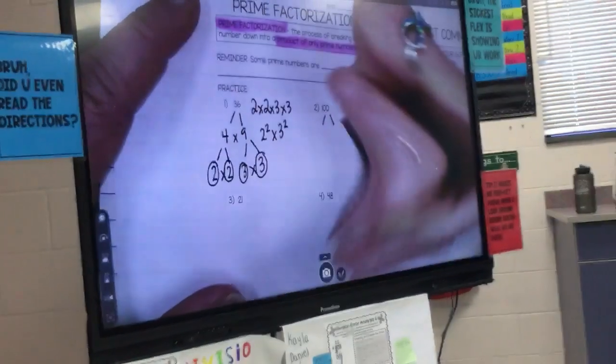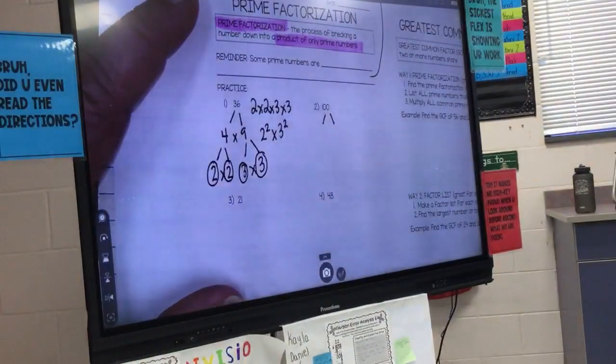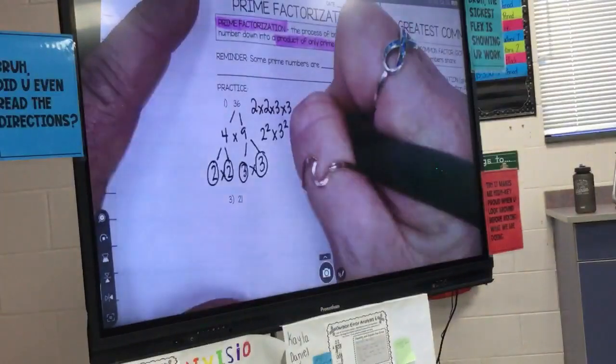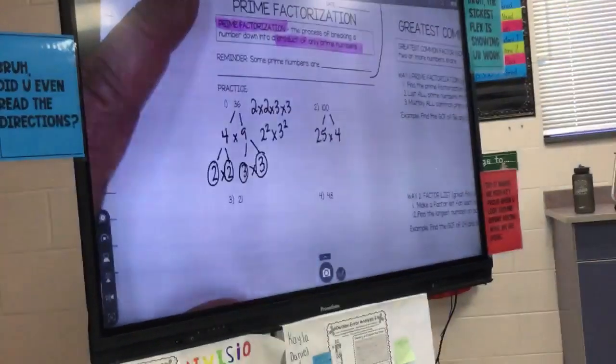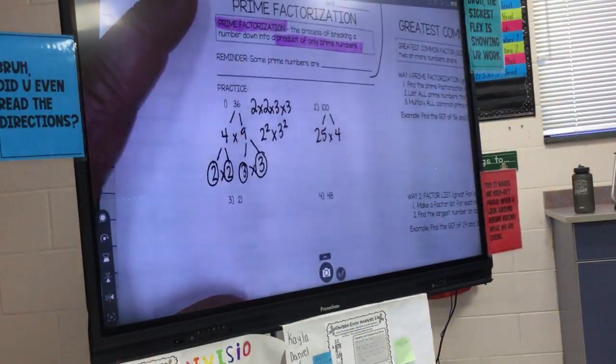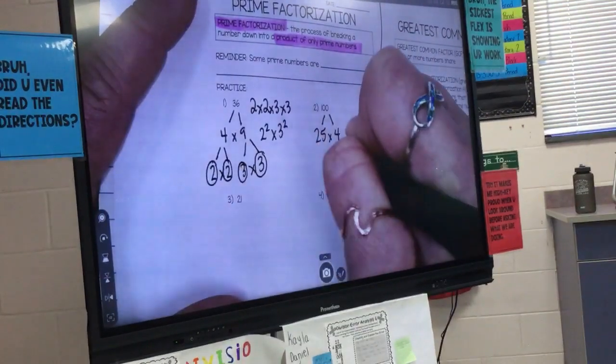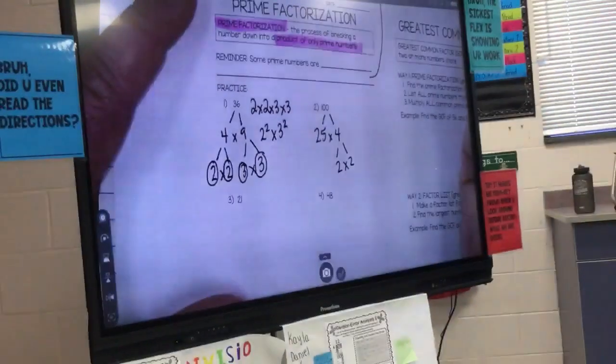So, all right, let's do 100. Give me 2 numbers that we can multiply together to get 100. Oakley. 25 and 4. All right, are either one of those prime numbers? No. All right, 4 is 2 times 2. Are either one of those prime numbers? Yes.